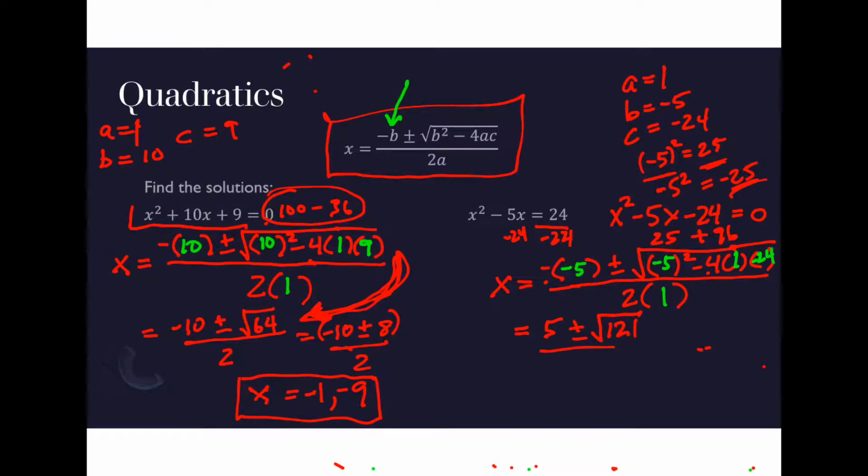You can see why I tried to do all that stuff off to the side there to get that right result underneath the radical, and 2 times 1 is 2. 121 is a perfect square, so I end up with 5 plus and minus 11 over 2, which I told you these are going to work out to be nice. 5 plus 11 is 16, and 16 divided by 2 is 8, and 5 minus 11 is negative 6 divided by 2, which is negative 3. So these are my two solutions for those equations.